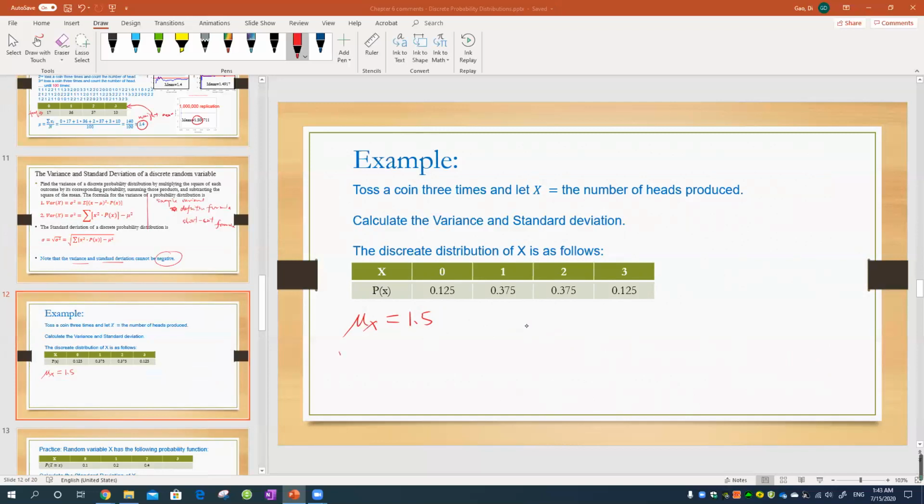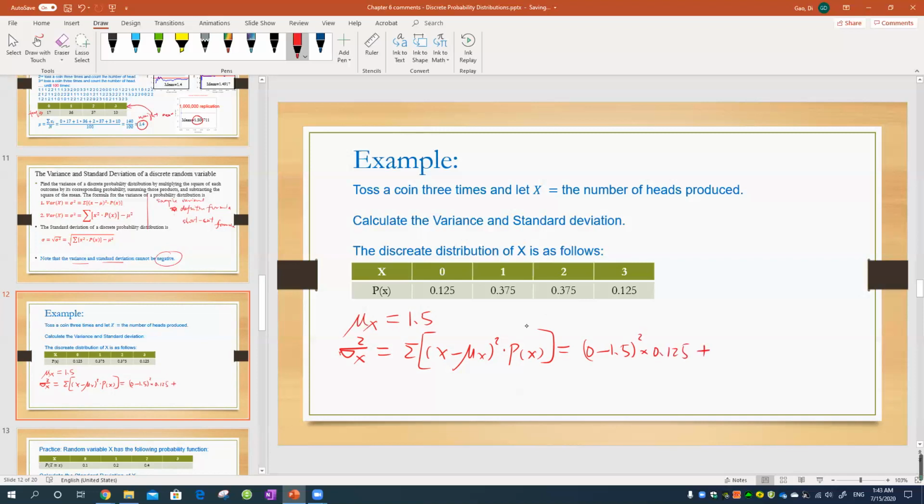The variance of x, sigma squared x, equals the sum of (x minus mu of x) squared times the corresponding probability. We just need to plug in all the known numbers. The first value x can take is 0, so 0 minus the mean 1.5, squared, times the corresponding probability 0.125. That's the first term.